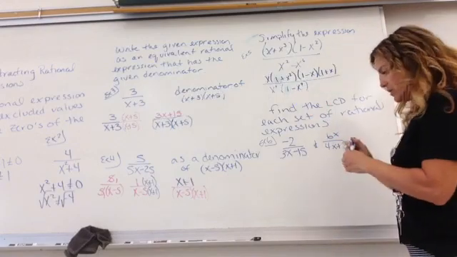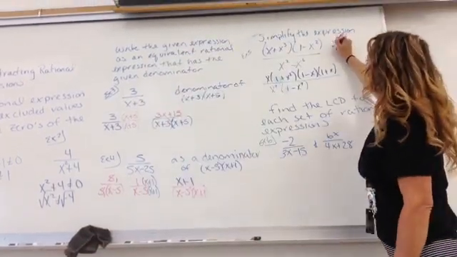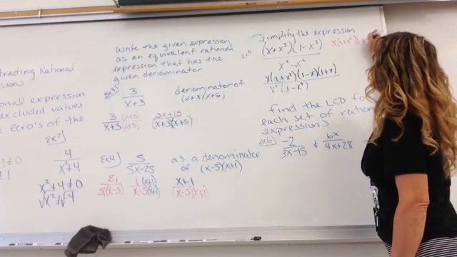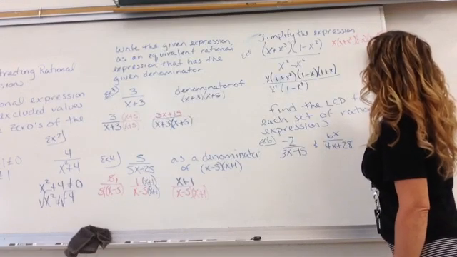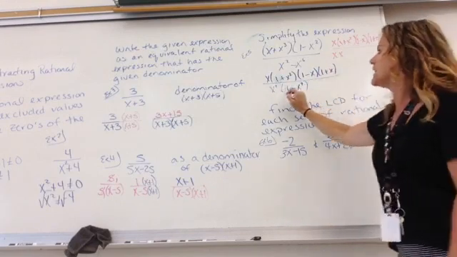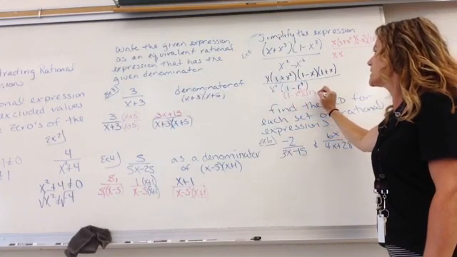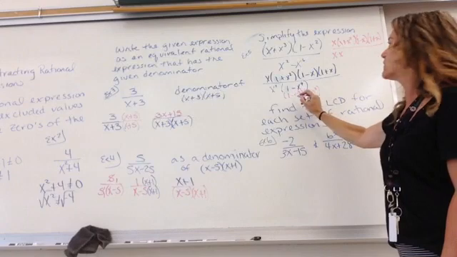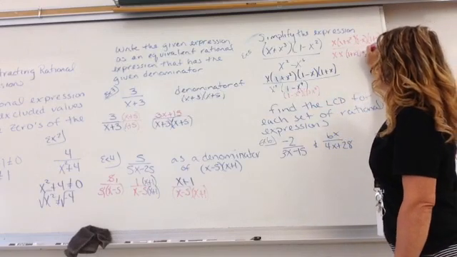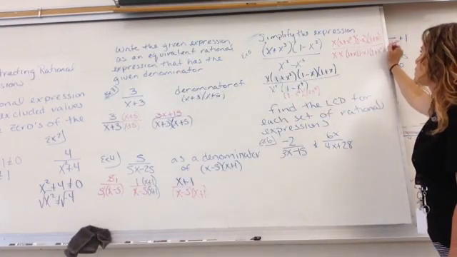So again, my numerator: we have an x, 1 plus x squared, 1 minus x, 1 plus x. On the denominator, I have an x times x, because that's what x squared is. This factors to 1 minus x squared times 1 plus x squared. This one factors again. So the total factors are 1 plus x, 1 minus x, and then 1 plus x squared.